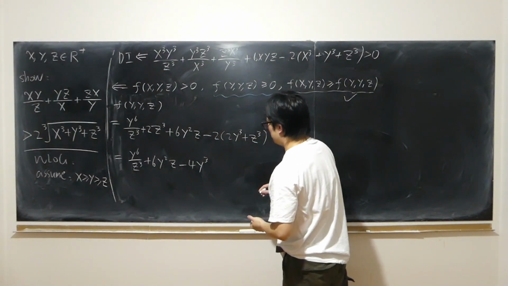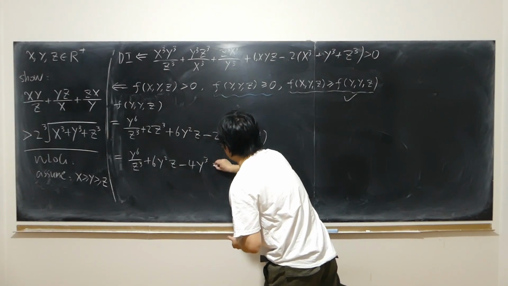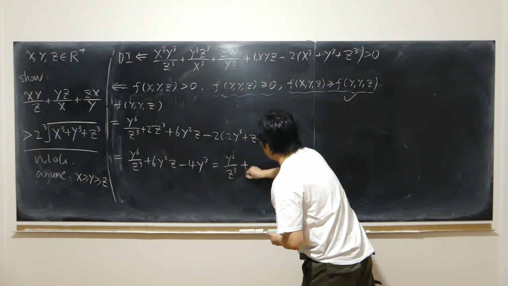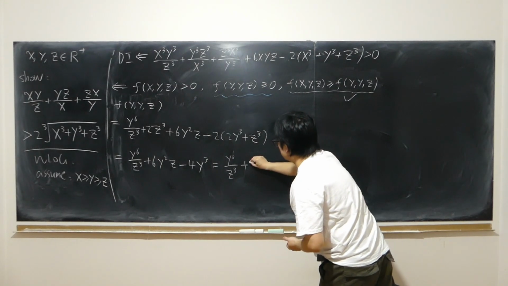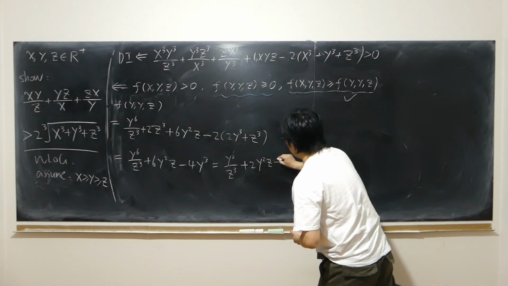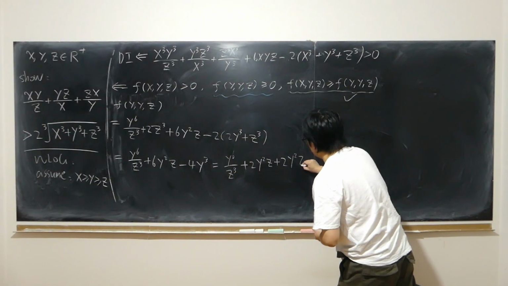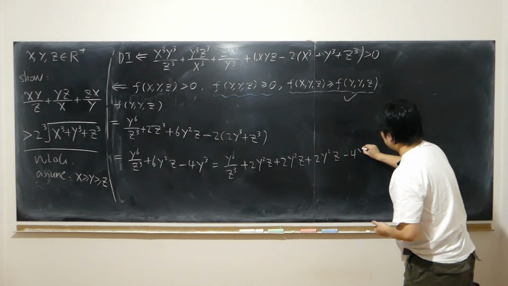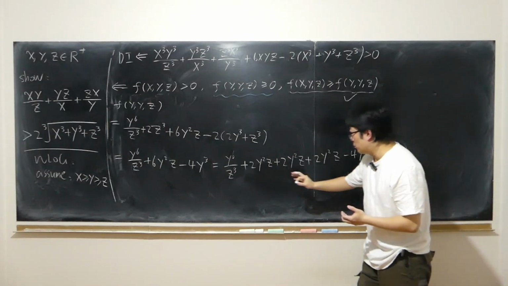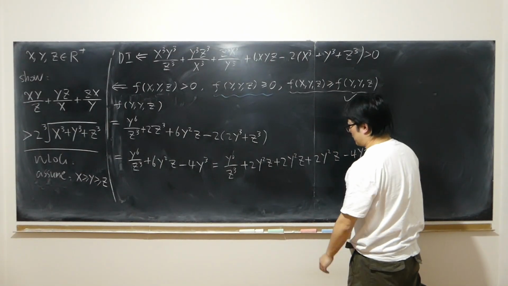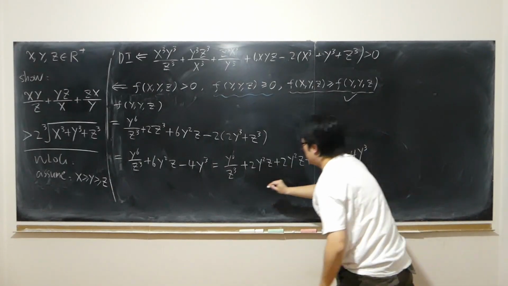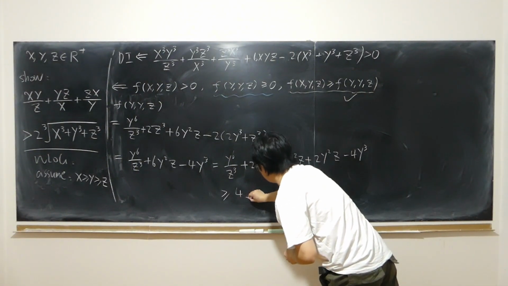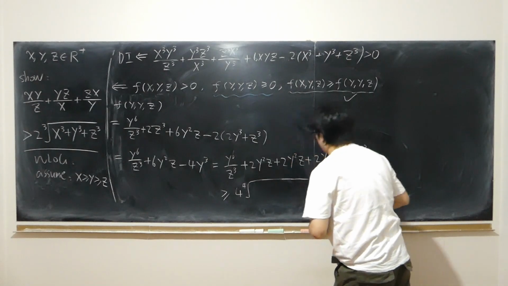So we say, okay, this can be written as y to the 6 over z cubed, and if we break this one down into 2 times y squared z, 2 times y squared z, 2 times y squared z, copy this one down. This trick can help us get rid of the z's. We have 1, 2, 3, 4 terms here. We can now apply the AM-GM inequality, greater than or equal to 4 times the 4th root of their product.